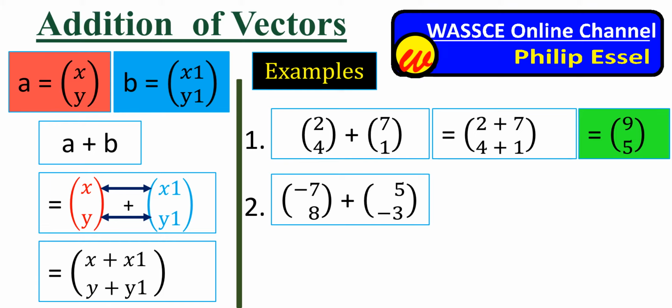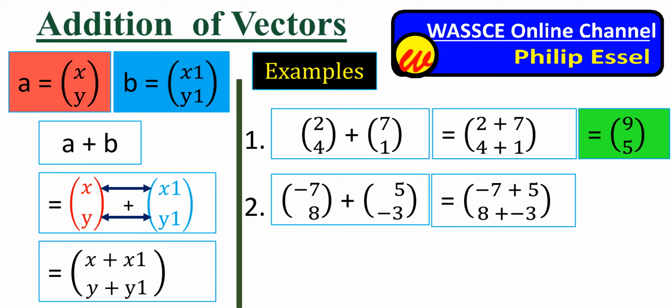Example 2. We have the vector negative 7, 8 added to the vector 5, negative 3. So first add the two x components, then add the two y components. Negative 7 plus 5 is negative 2, and 8 plus negative 3 is 5.